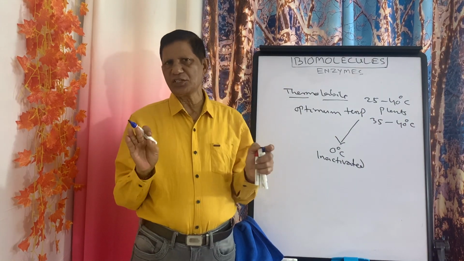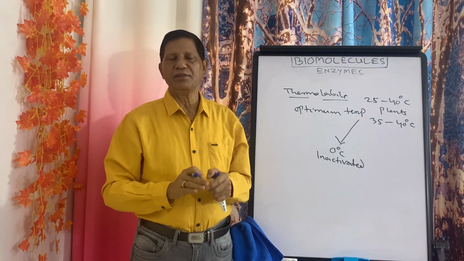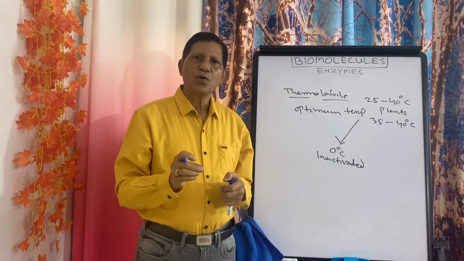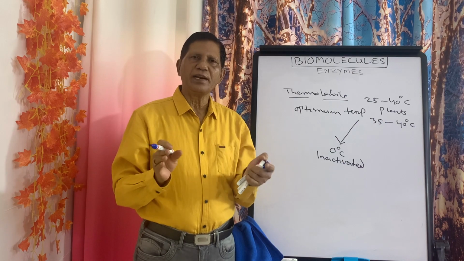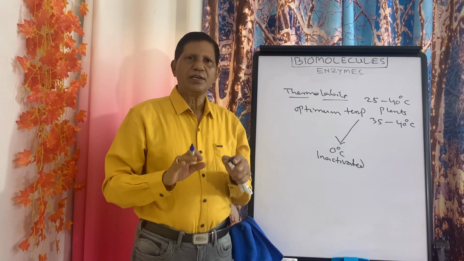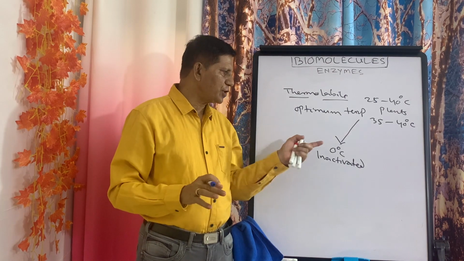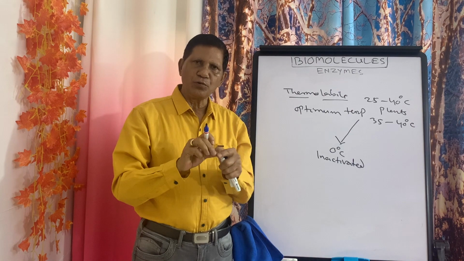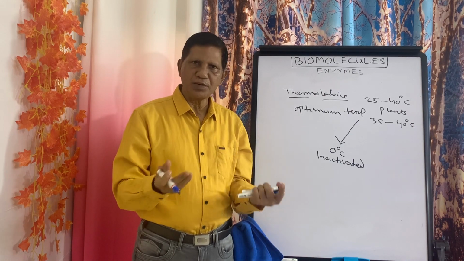There will be no difference in the structure, but they will be inactivated. They cannot act on the substrate. This is the reason why we keep food materials, fruits and vegetables inside a refrigerator. Because inside the refrigerator the temperature is near 0 degrees centigrade, the enzymes present in the fruits, vegetables or food material will not function.